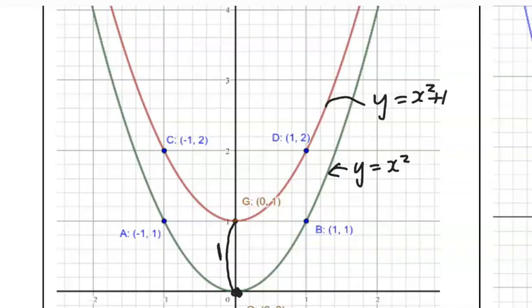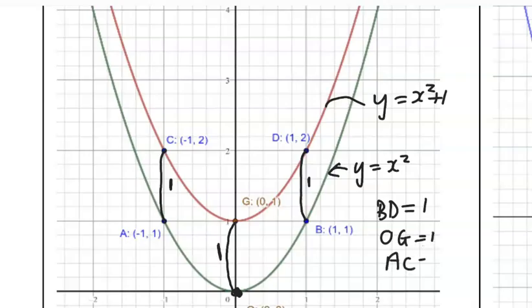We've taken a value here, we've added 1, and the distance is 1, and we've taken a value there, we added 1. So in this case, BD is equal to 1, OG is equal to 1, and AC is equal to 1. I've just taken the y values and added 1 unit to it.